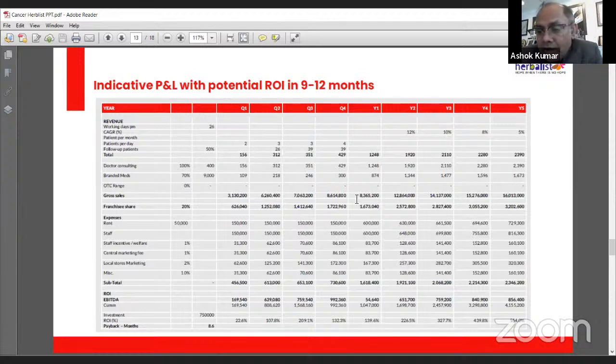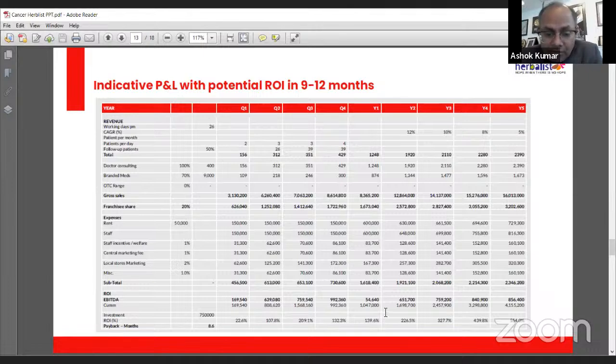Second year is 12 lakh and goes up to 16 lakh rupees gross sales, right? The franchisee share from this is 20%. 80% goes into your consultation plus the cost of the medicines that will be provided to you.